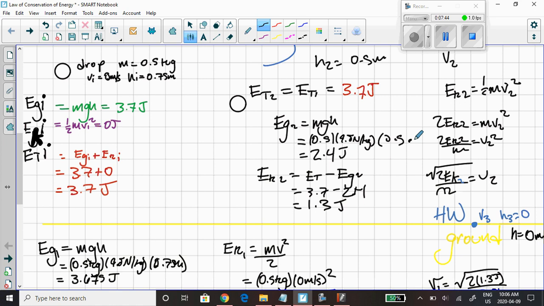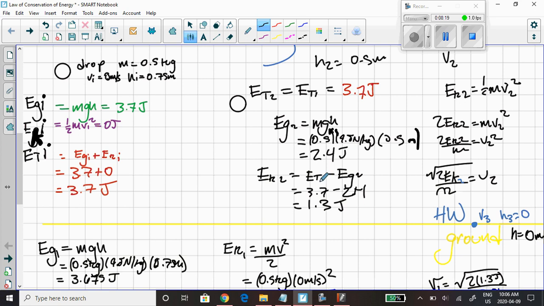That's 0.5 kilograms times 9.8 newtons per kilogram. It's a scalar, no negative here. You don't see a vector sign over the g. Times the new height, 0.5 meters. And we now have that the gravitational potential energy of this object at height 2 is 2.4 joules. That's how much energy it has here. All right.